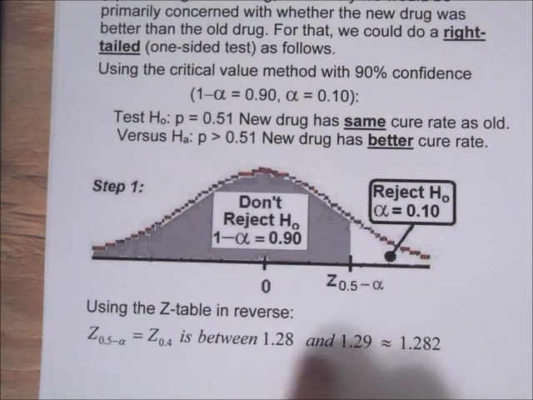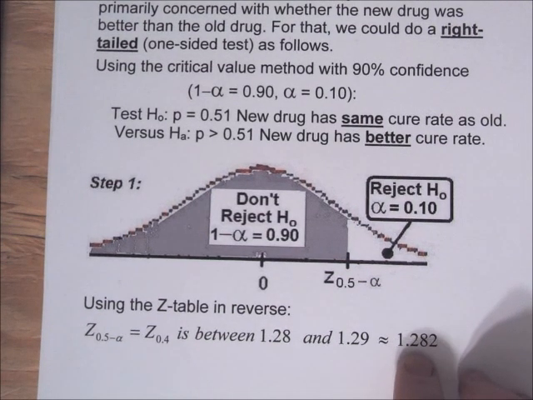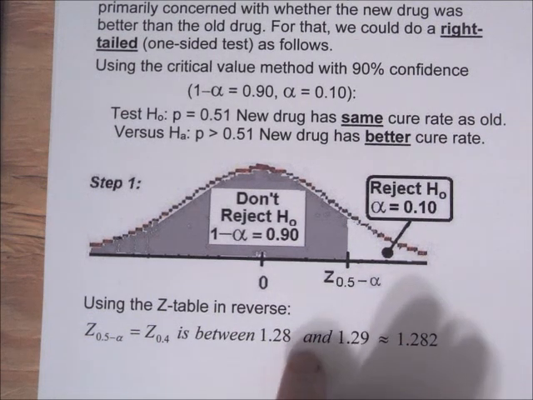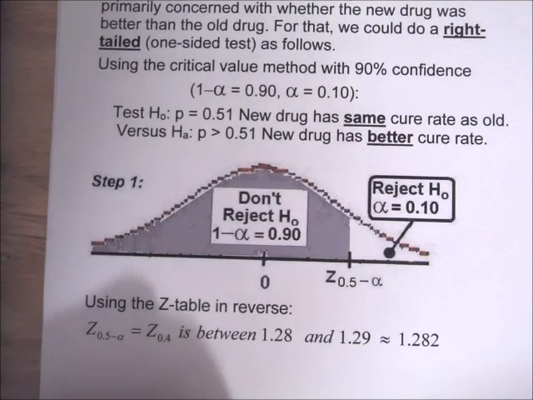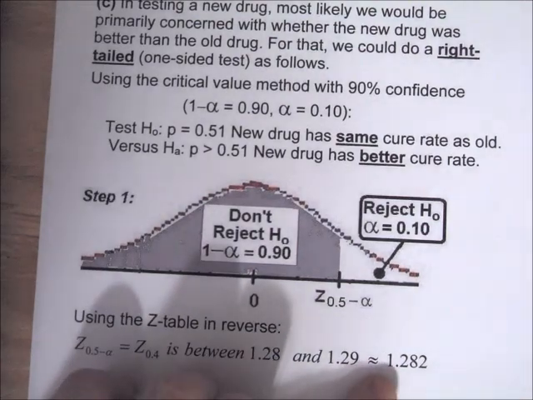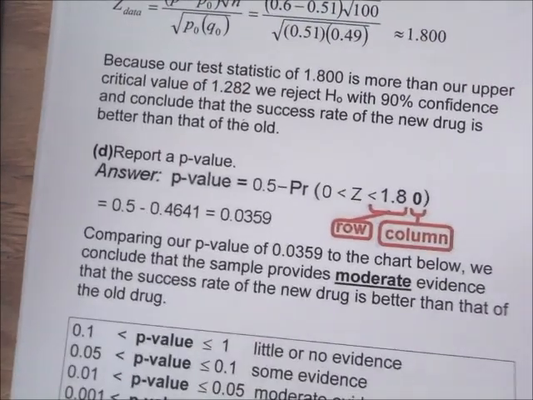The closest numbers are in row 1.2, columns 8 and 9. I would estimate about 1.282 because it was closer to the number that was in row 1.28 than it was to 1.29. You could just, if you want, estimate 1.28 because the number was not in there exactly.